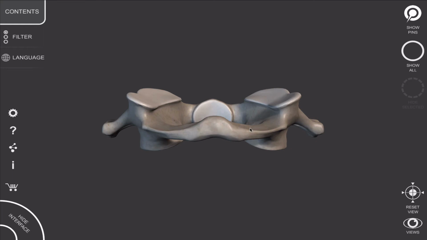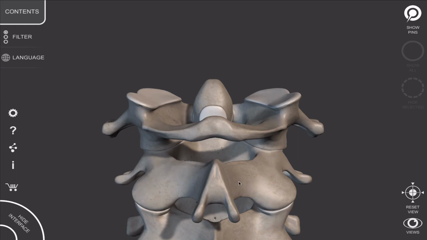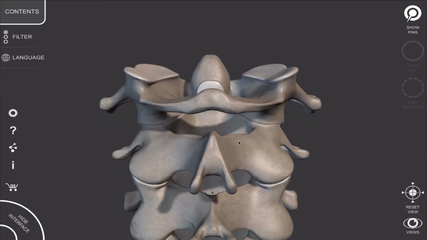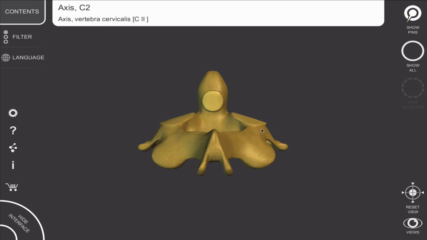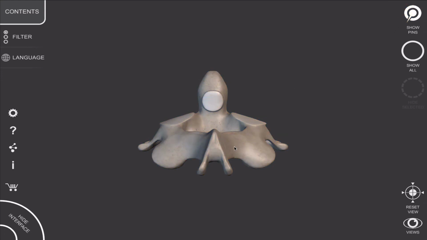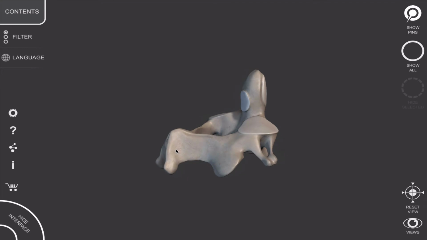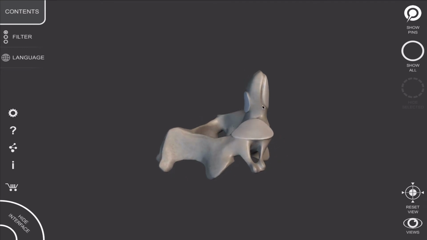So let me pull up the axis next, and we'll take a look at it. Here's the axis, and again, you'll notice quickly that there is this peg right here.